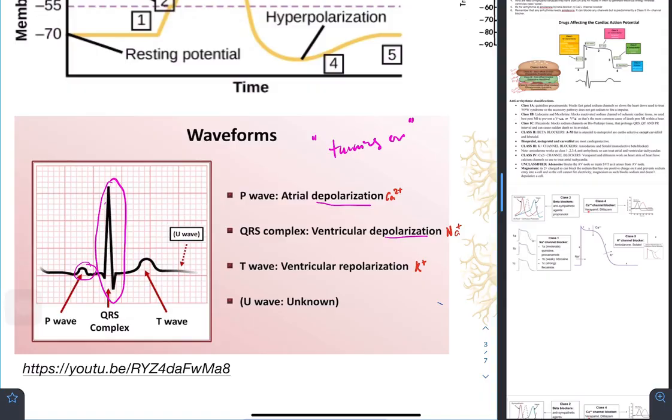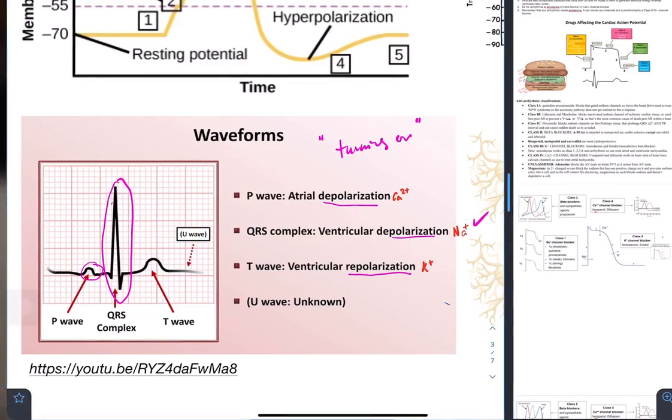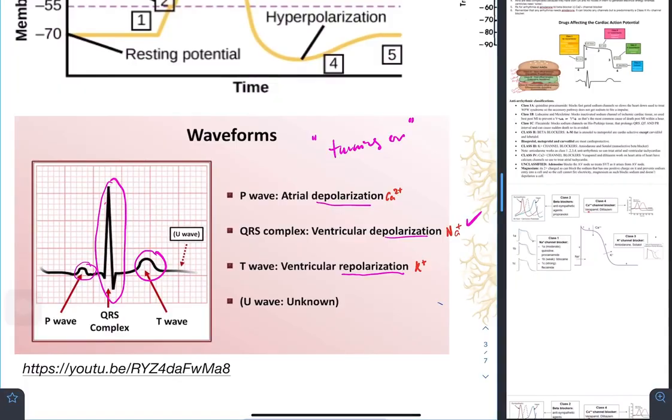This ventricular depolarization is mostly carried out by sodium ions. And lastly, we have the recharging effect, what you should call repolarization, where the current is recharged for the next cycle. Again, this happens in the ventricle as the T wave. So this is in summary a typical EKG reading of the heart conduction system.